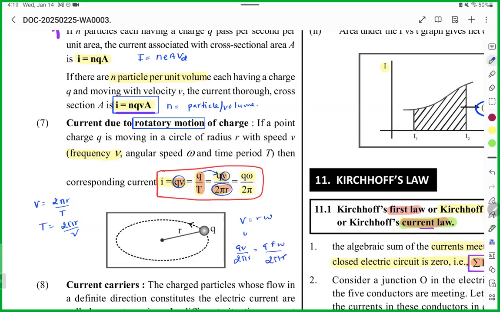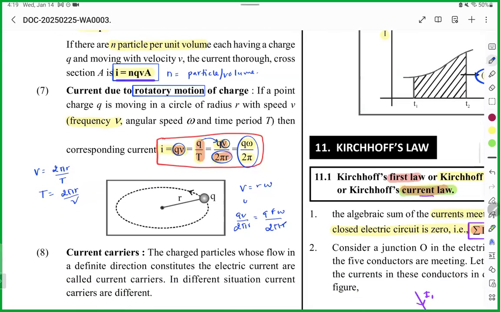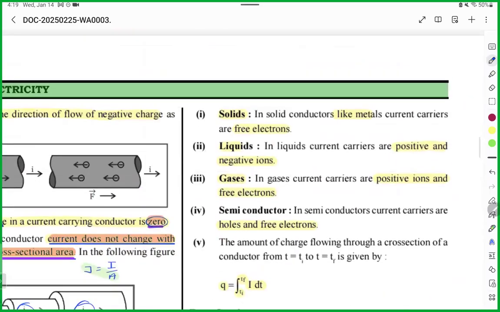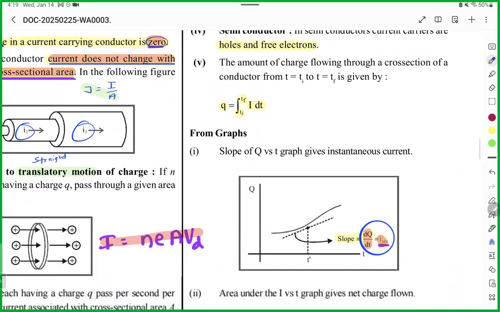The r cancels. Understood? I have seen this question where you have to consider rotational motion while you are reading about the current. Right? You know this.